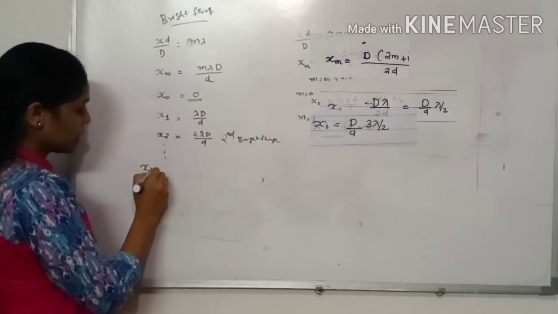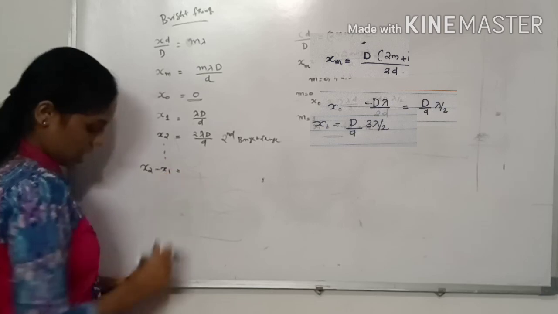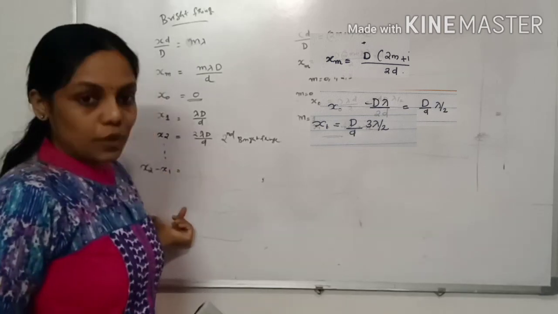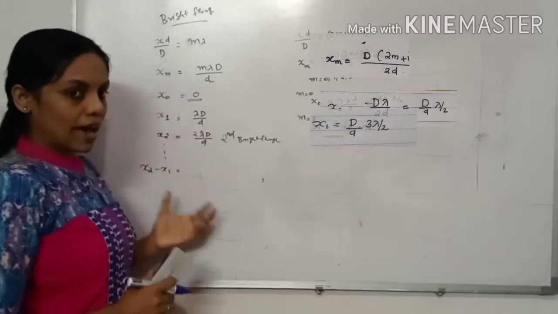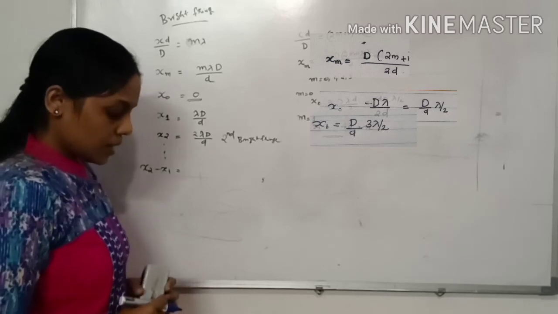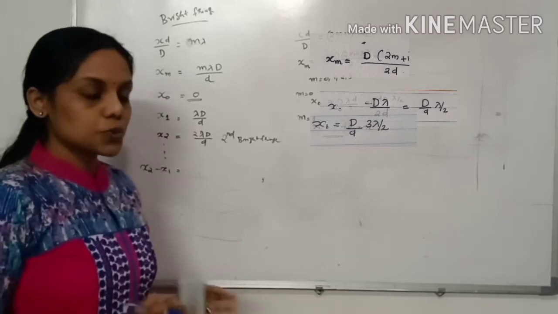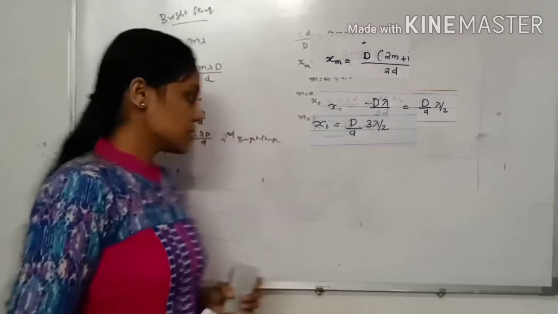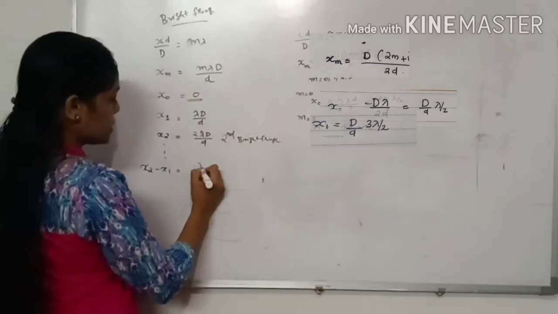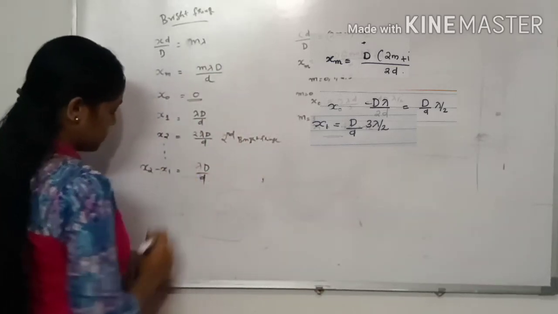When you take the difference x2 minus x1, this is the fringe width or band width. The distance between two consecutive bright fringes is lambda D by d.